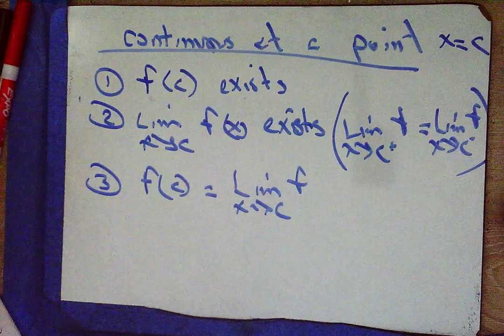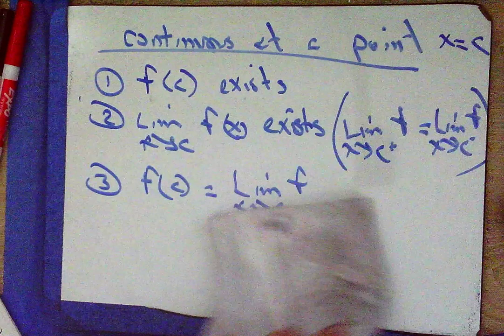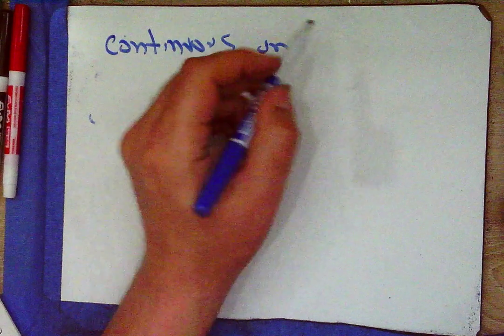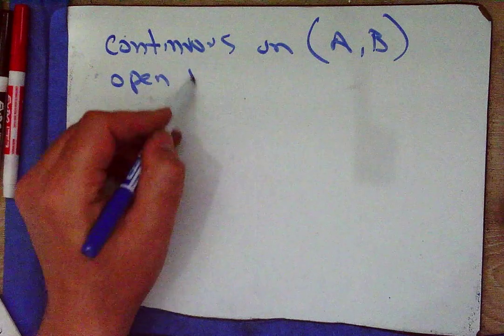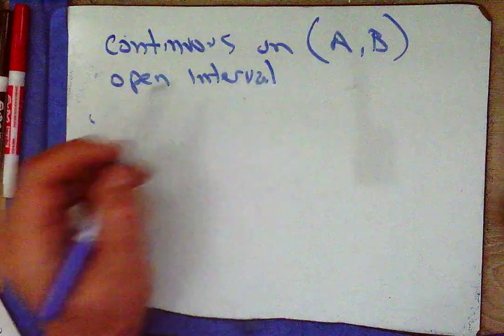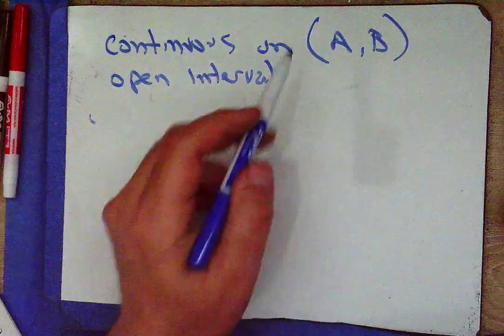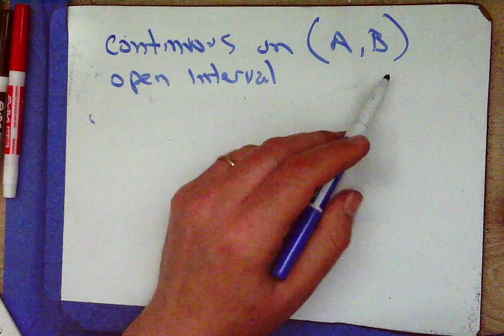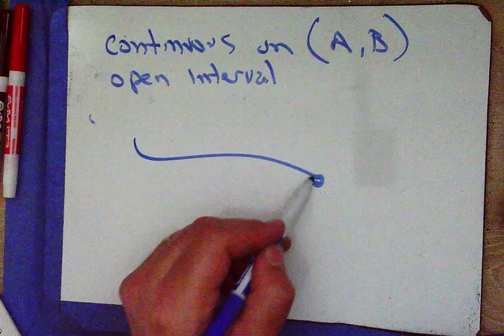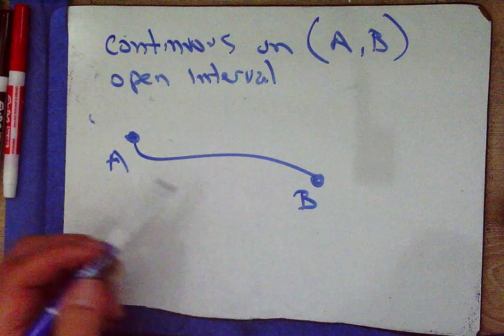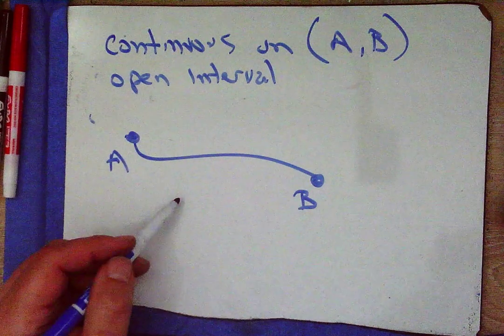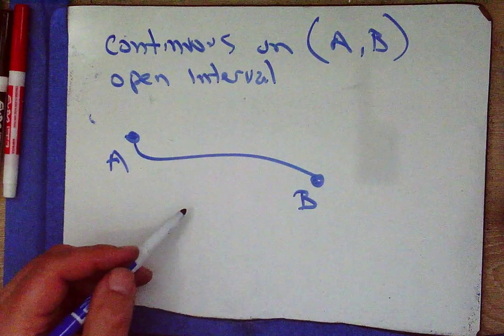Now, because there's two other types of continuity we need to consider, what about continuous on an open interval from a to b? Okay, so we're not worried about being continuous at a or at b, just at all the points in between. There's a, there's b. Now, how many points are there between a and b? That's right, an infinite number of points.